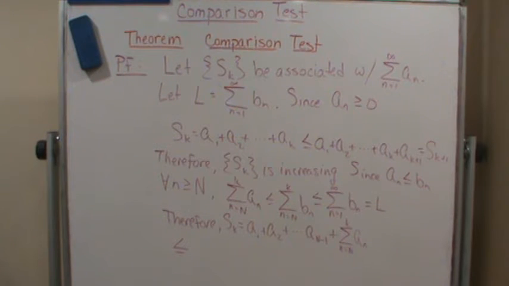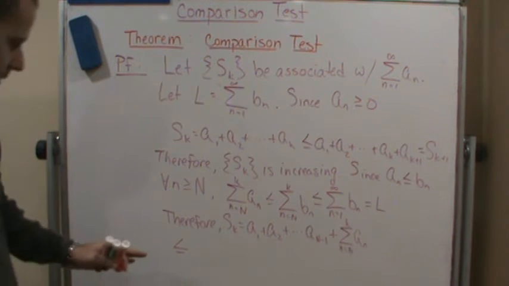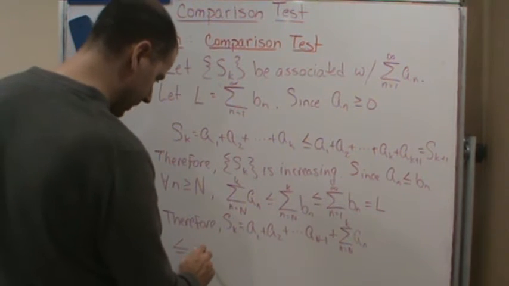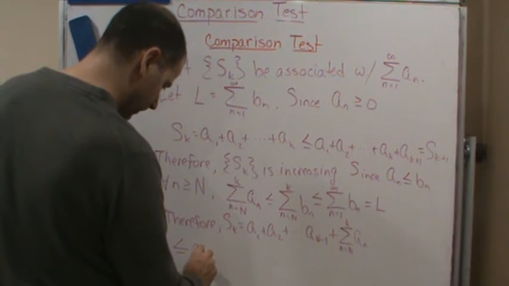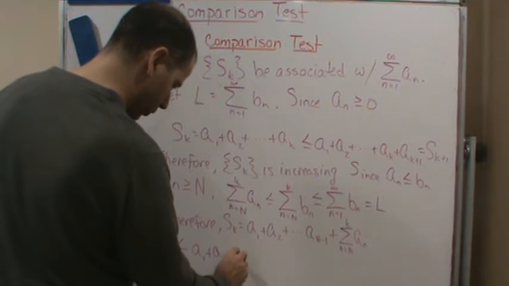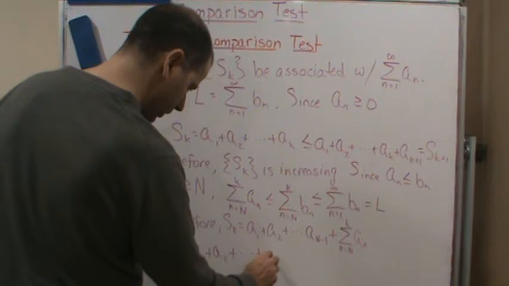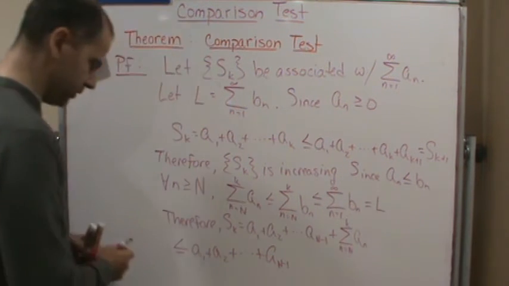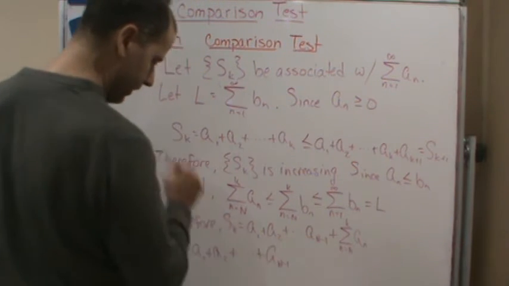Well, I'm going to now rewrite the partial sum, right? I'm going to take the first n minus 1 of these, so that's going to be less than or equal to a1 plus a2 plus all the way to a sub capital N minus 1. So I just repeated the first piece of this.